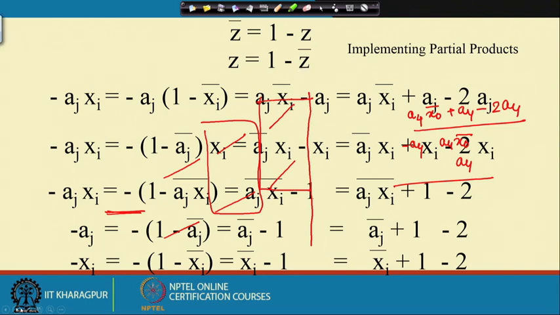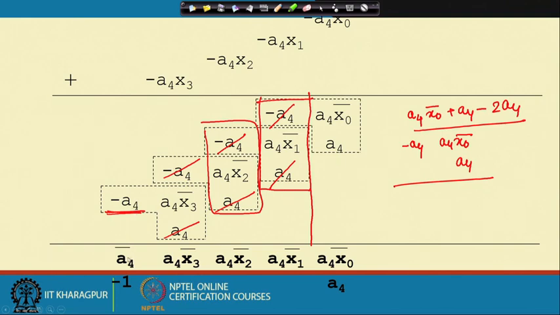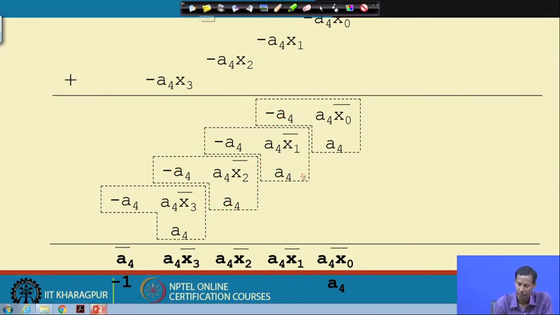So, A4 bar, if I consider this minus of A4, can be represented as minus A4 minus 1.